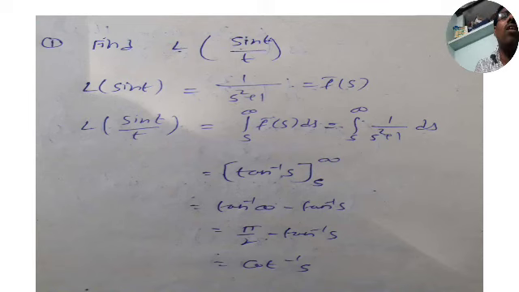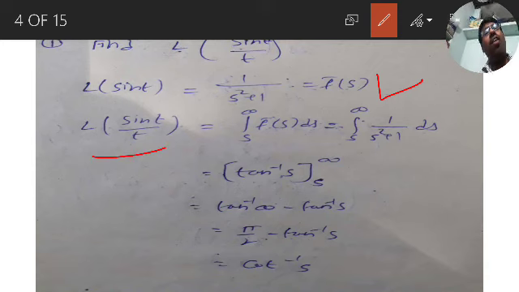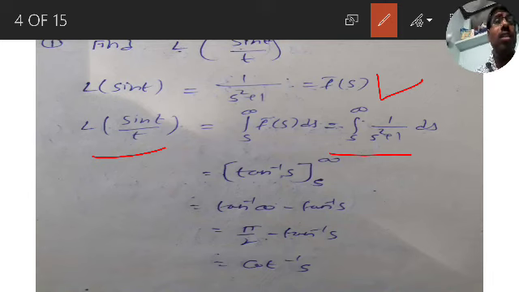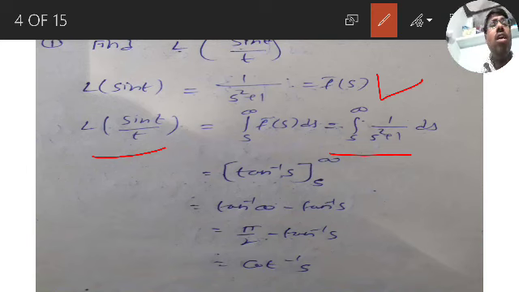L of sin t is f bar of s, we got. Now by division by t method, L of sin t by t is integration s to infinity 1 by s square plus 1 into ds. Integration formula: tan inverse s, upper limit minus lower limit, tan inverse infinity is pi by 2. Pi by 2 minus tan inverse s.